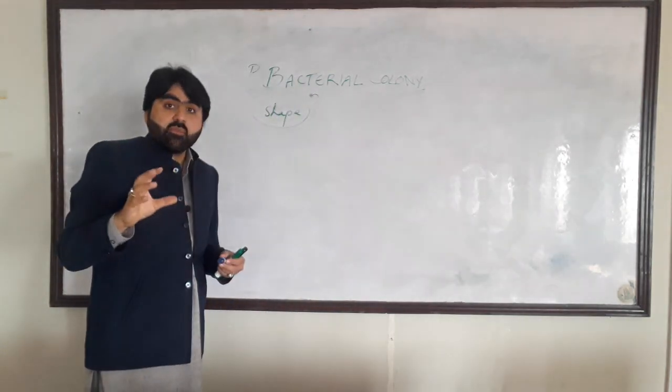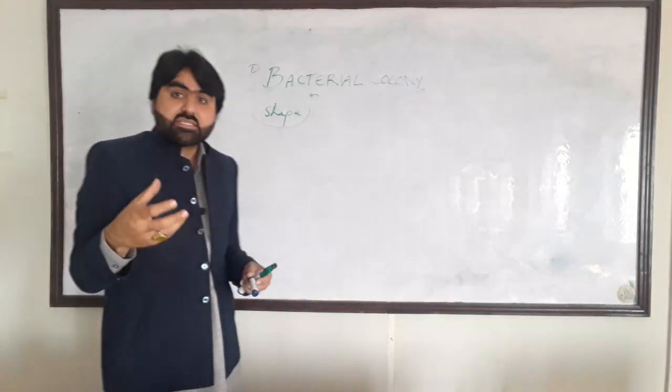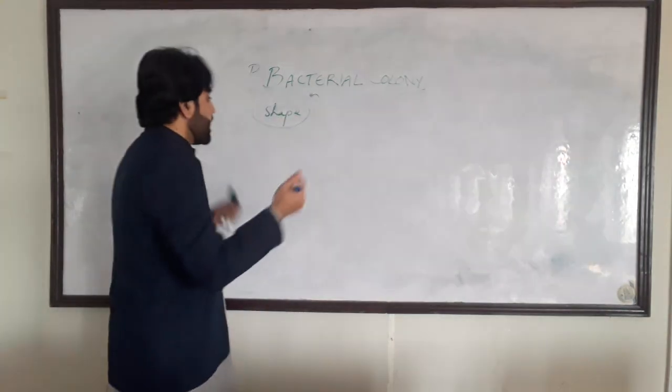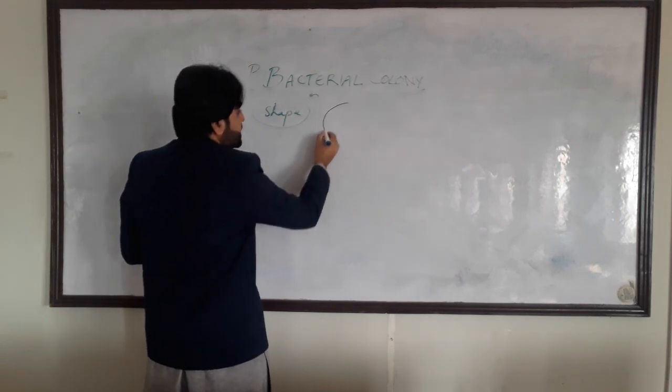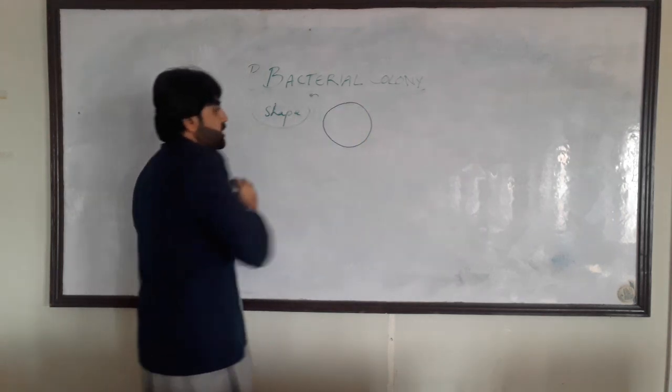There could be different shapes of bacterial colony on the surface of the plate, for example circular.